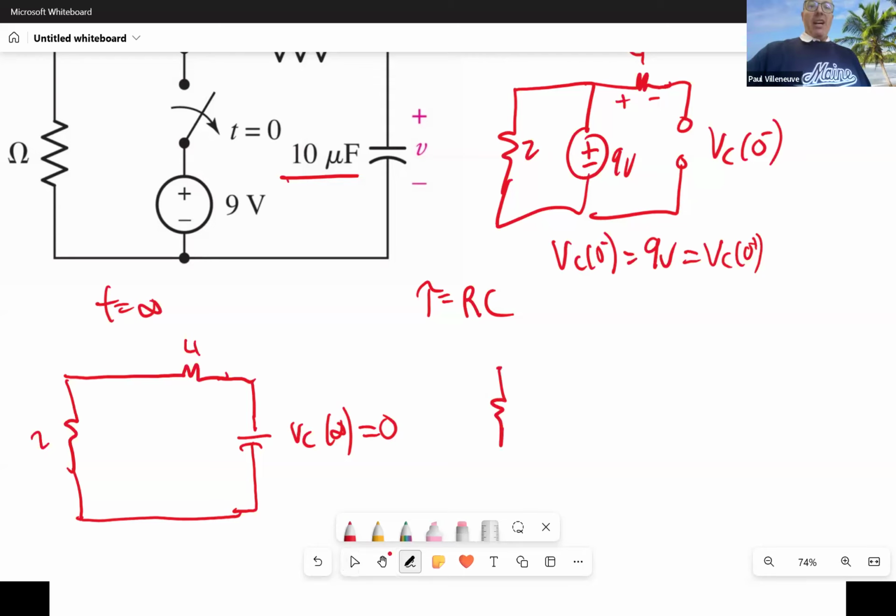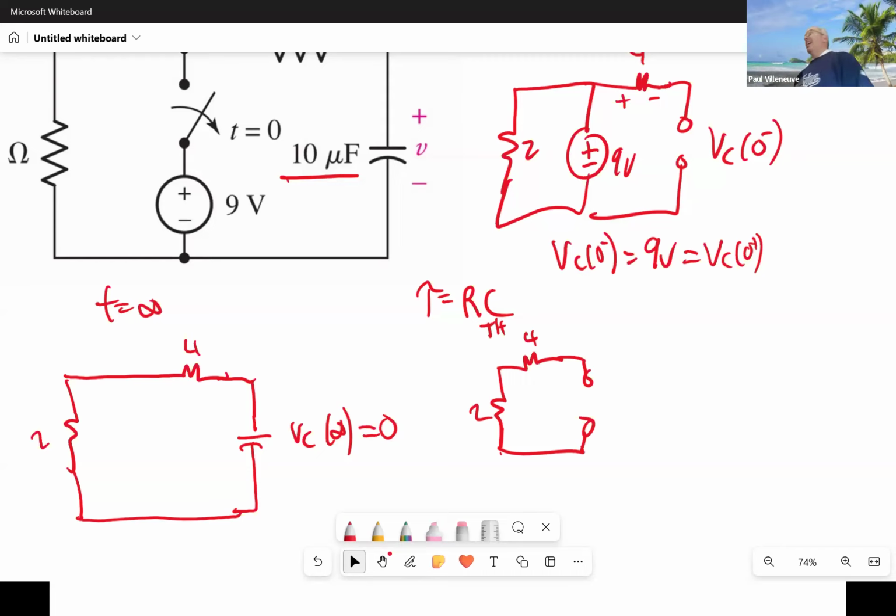So if I'm looking at this, that's what the capacitor sees, right? So all you're doing is solving for R Thevenin. That's all you're doing.